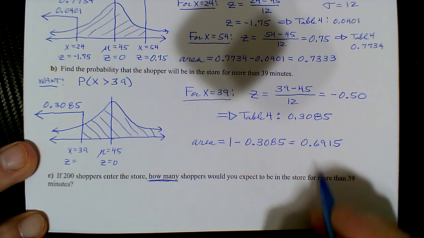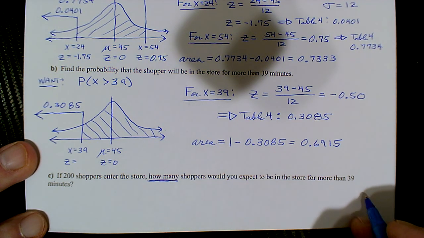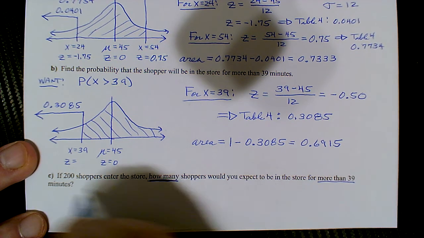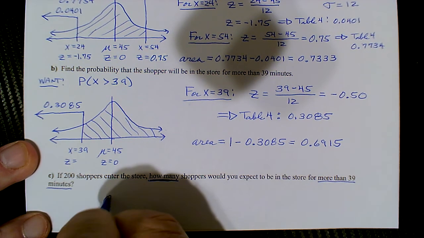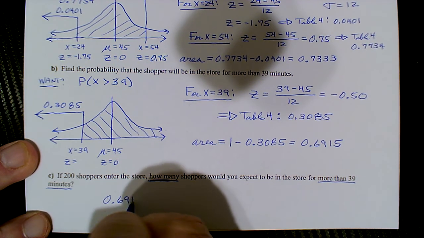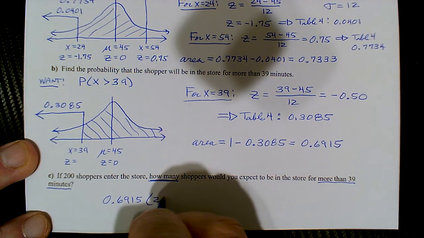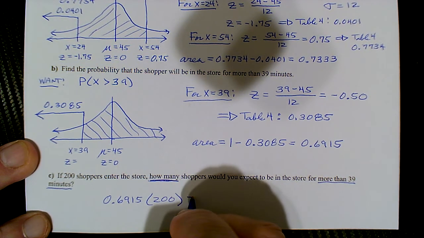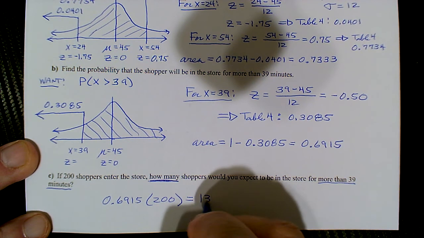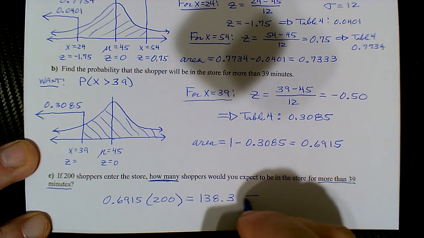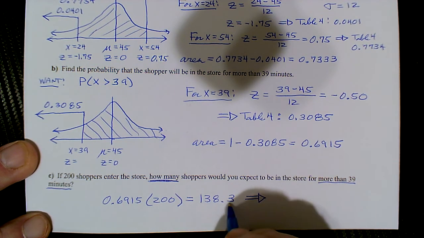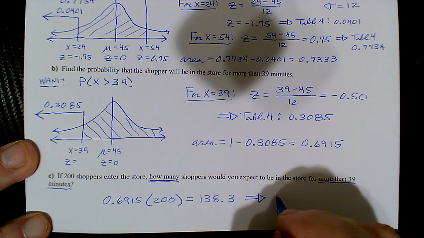Notice we're working off of the answer in part B. More than 39 minutes characteristic. So therefore, take the 0.6915 and you just multiply by the 200. In this case, we get 138.3. So then I'd guess, well, you can't have 0.3 of a shopper.